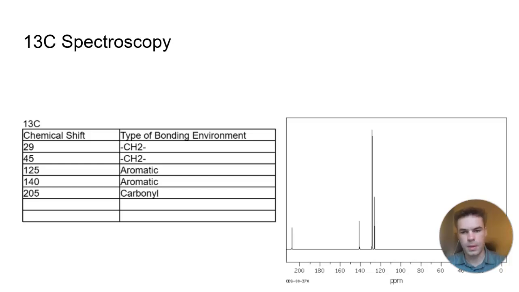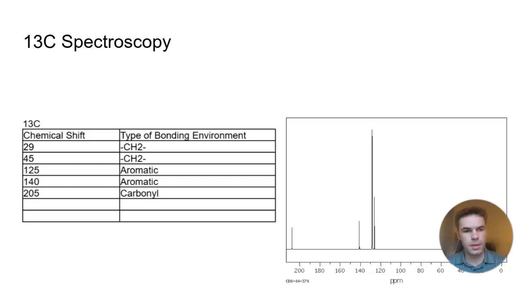That is another indication of an aromatic carbon, based on the resources that I looked at through class materials and online materials. And then there's also a 205 chemical shift, which is an indication of a carbonyl carbon.